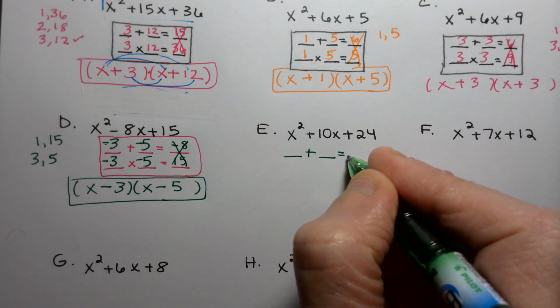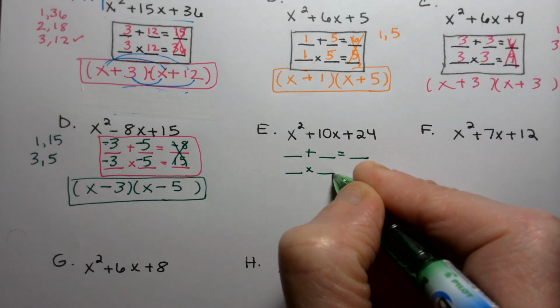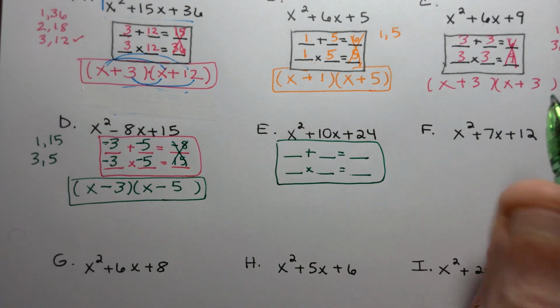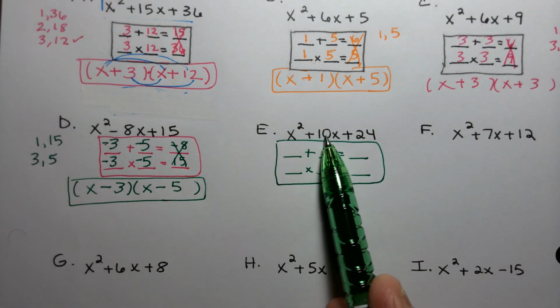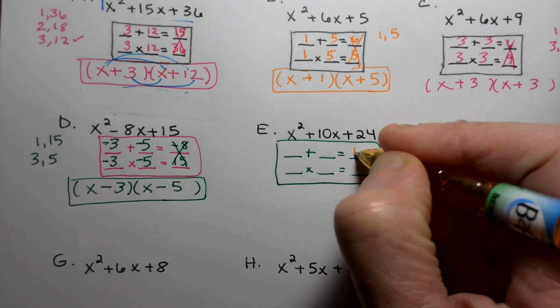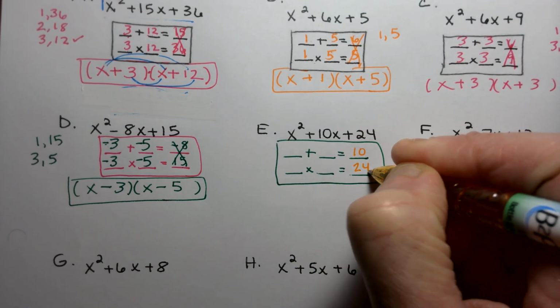Always put the addition first, multiplication second. And the reason is because then it goes in order of the numbers, so we don't get them mixed up. So 10 and 24.